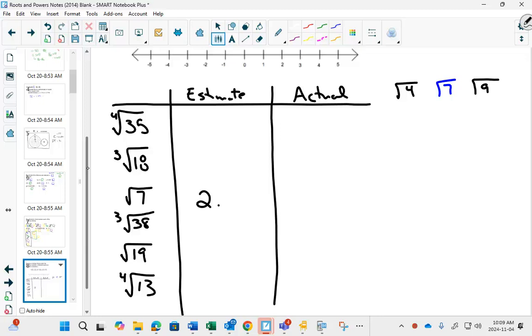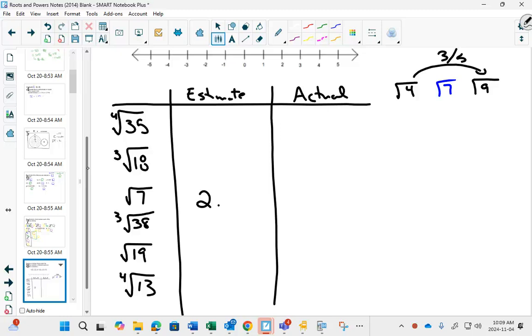How you estimate this, there are different strategies. Do you see that 7 is closer to the 9 than it is to the 4? So you might go higher than 2.5. I've had other people say, I like to use this as an estimate, that this is a difference of 5 between 4 and 9, and we've gone 3 out of the 5 to get to 7.